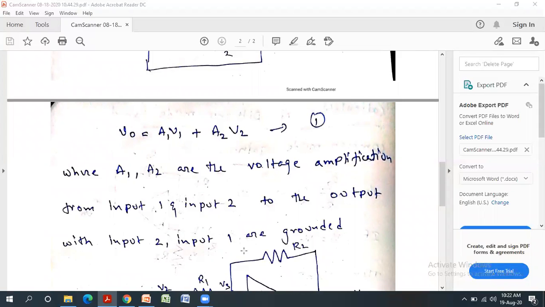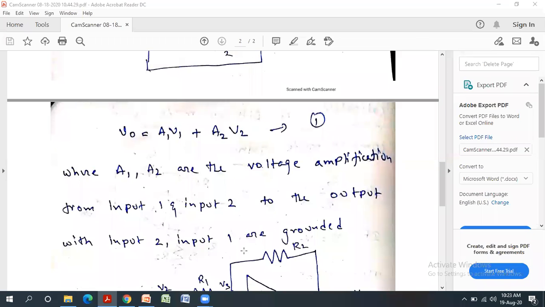When the differential amplifier takes in the average of two inputs without taking the difference, this common mode signal happens. That means the common mode signal V suffix CM is the average, V1 plus V2 divided by 2.